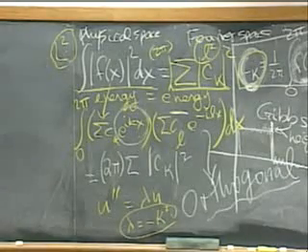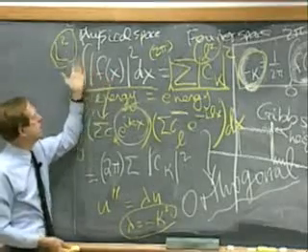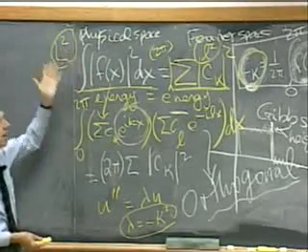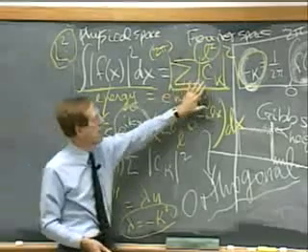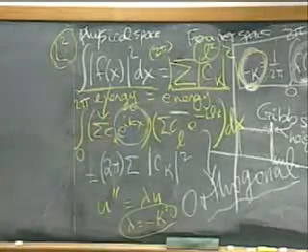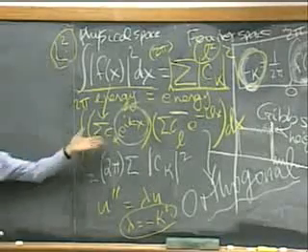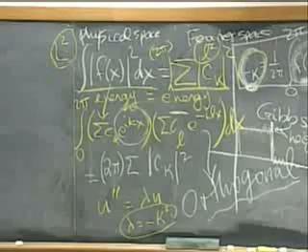And this Parseval equation is saying that the size of the function in the big capital L2 is the same as the size of the coefficient sequence in little L2. It's beautiful and extremely useful and almost totally elementary.